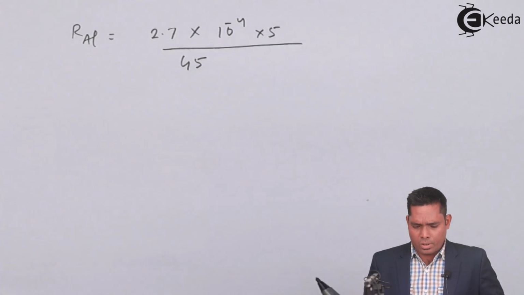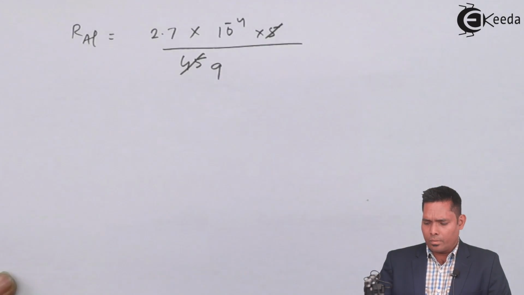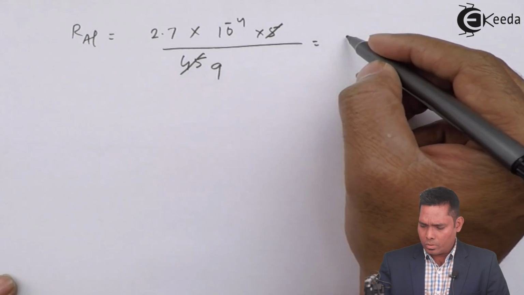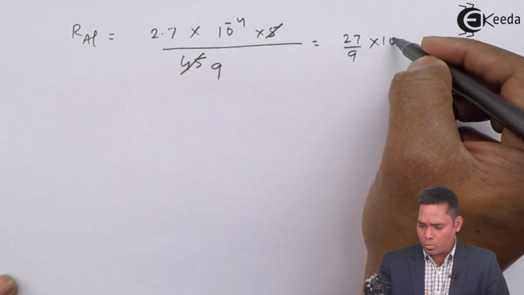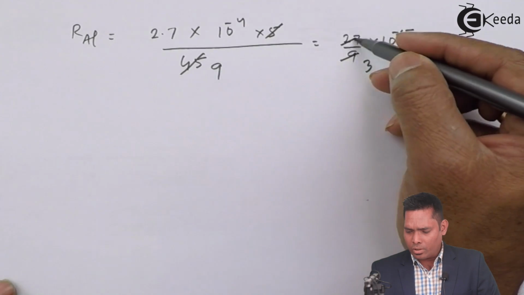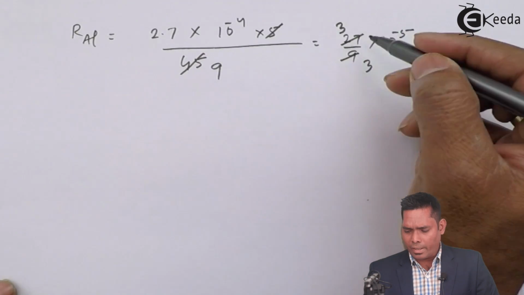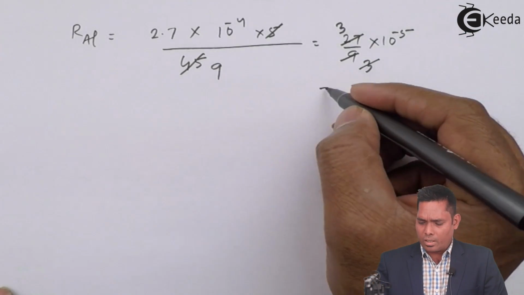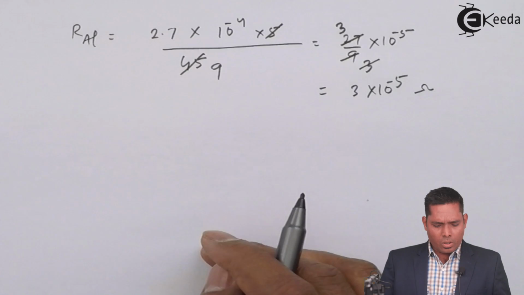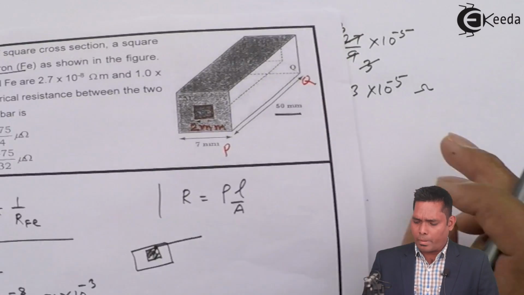That's all. This is the resistance, and 5 9s are 45, and this we can write 27 divided by 9 into 10 raised to minus 5. 3 9s are 27. So write here 3. So it is coming out to be 3 into 10 raised to minus 5 resistance, that is ohm. So the resistance of aluminum is coming out to be 3 into 10 raised to minus 5 ohm.